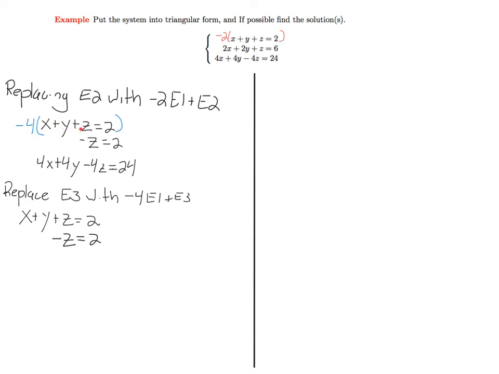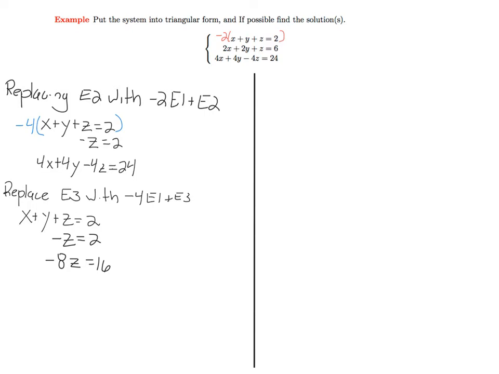I've got minus 4z minus 4z, so that gives me minus 8z. And the constant on the right side is going to be minus 8 plus 24, so that gives me positive 16. And now we're almost there, so we have no y terms in equation 2 and 3, and that's okay.